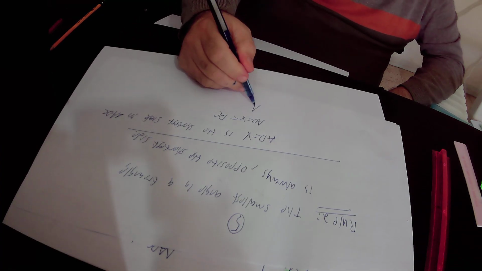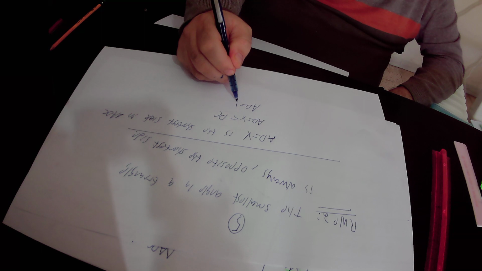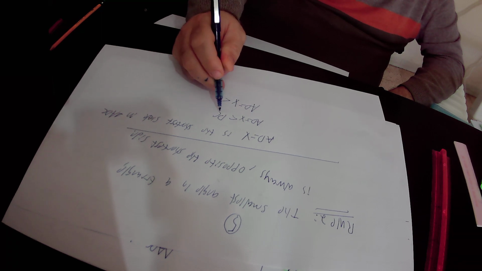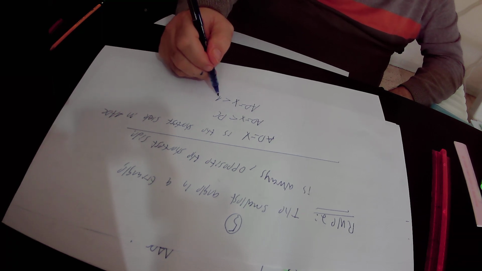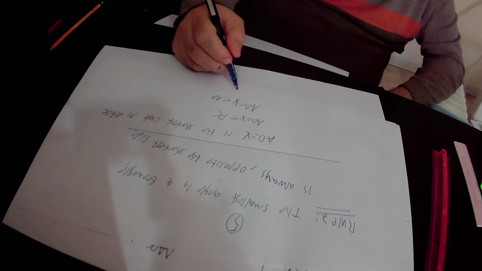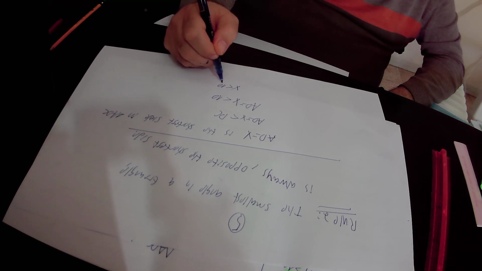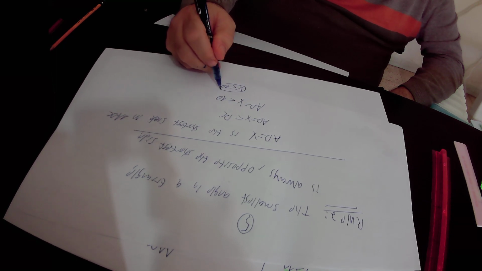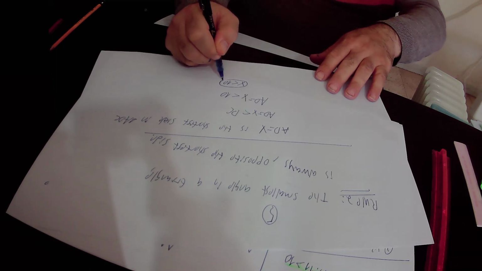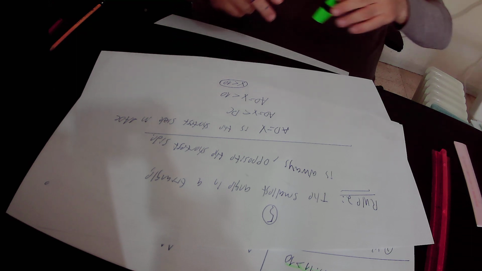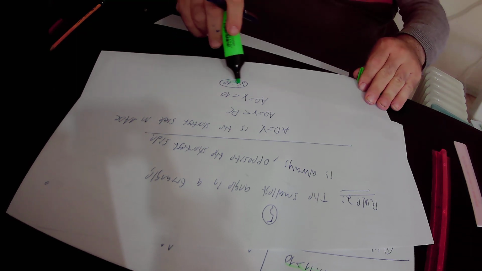So AD, which is equal to x, must be less than DC, which is equal to 10 units. That is to say, we found out that x must be less than 10 units.